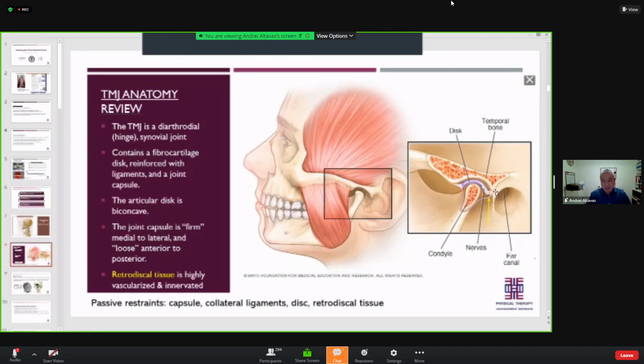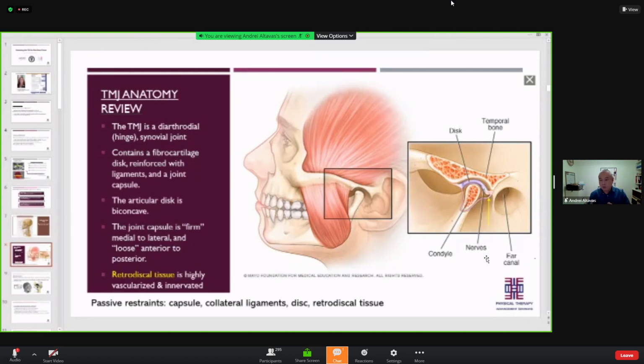Based on pain studies, they determined that the most painful part of the TMJ is the retrodiscal tissue because of its structure. So when you irritate the retrodiscal tissue, that produces pain.